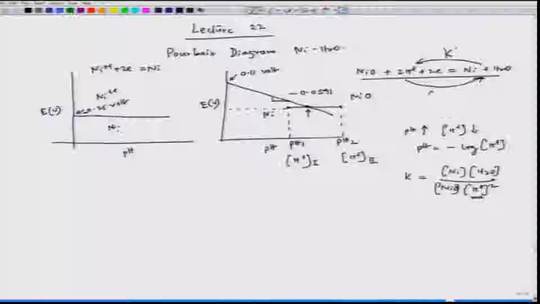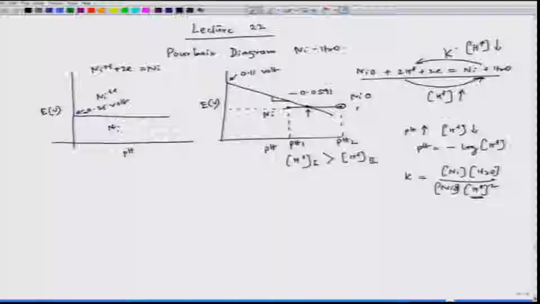So, this is H plus ion concentration increasing, and on this side it is decreasing. Now, if we increase pH and go to this point, I am reducing H plus ion concentration.